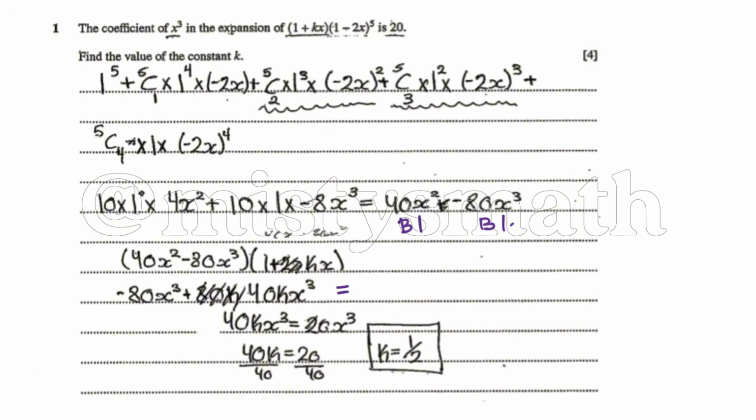If he had written this is equal to 20x cubed, he would get 1 mark over here. But because he didn't, this is M0, there is no method mark. Then he made an algebraic mistake in the calculation, and the final answer is also wrong. He only got 2 out of 4.